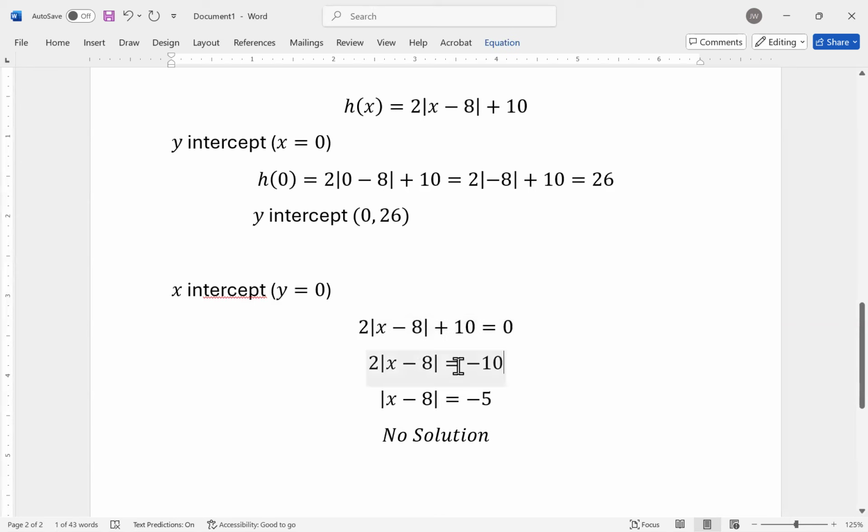And if there's no solution to this absolute value equation, that means that there are no x-intercepts. There's no zeros either. There's no x values, which when you input them, give you out a 0. So no solution to the equation means that there are no x-intercepts.